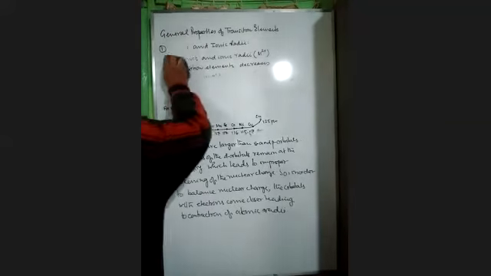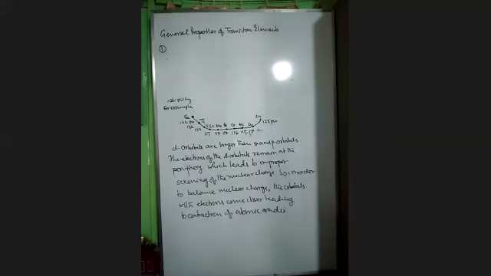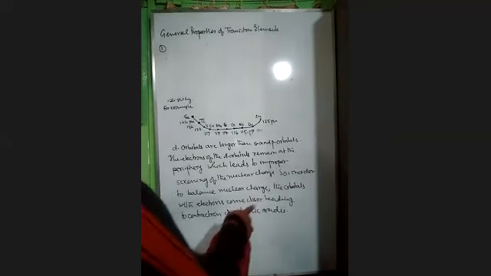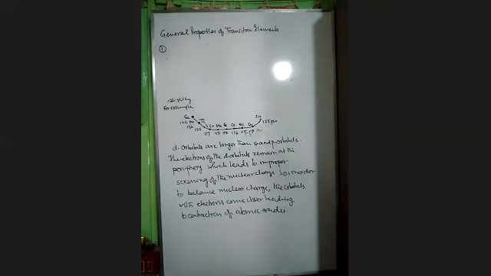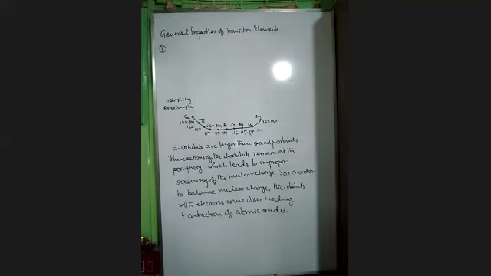So in order to balance the nuclear charge, the orbitals with electrons come closer, leading to contraction of atomic radii.